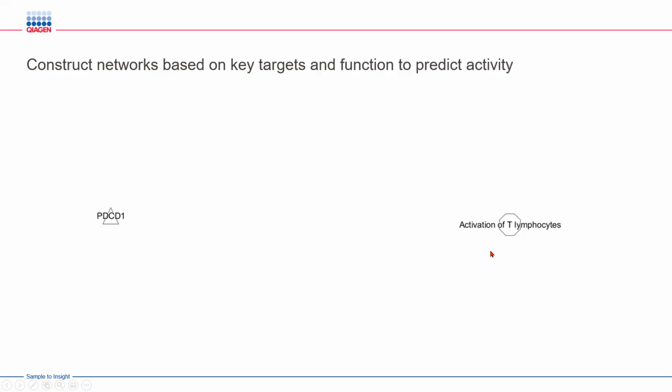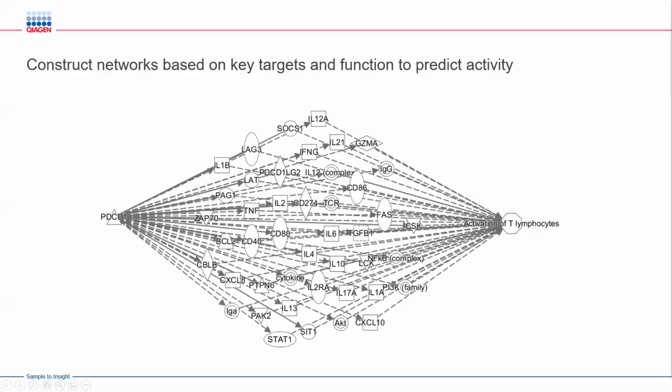So you're working with T cells in the lab and you want to see what will happen if you block this protein. You can easily search for your favorite gene and the function that you're interested in in IPA, and you can easily generate a network connecting your target gene to this function. Now, in addition to that, IPA will also show you directionality and causality.